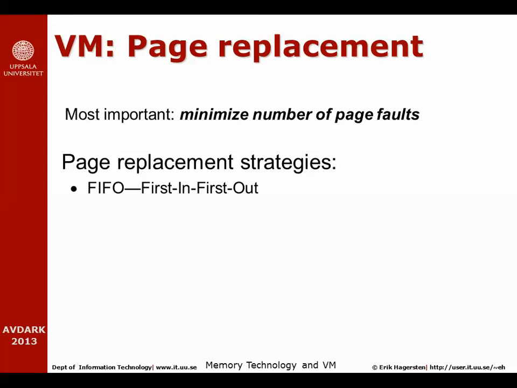So we already talked about the placement of pages in the virtual memory system, and we noticed that the organization of the virtual memory is like a fully associative cache.